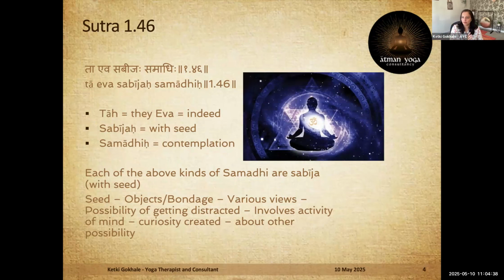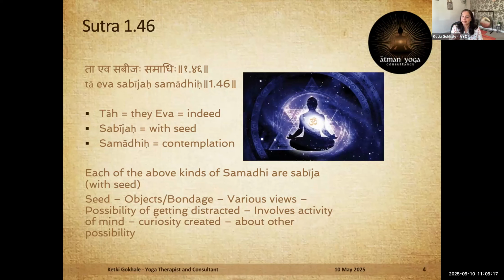We stopped at the 1.45 sutra, and we have seen that the yogi, when he goes through these states of consciousness or states of samadhi, right from the gross object to the subtlest object, can know all the particulars of that object, or can instantly focus his mind on any given object. So he goes through the various states.